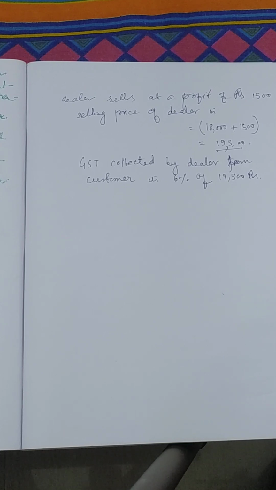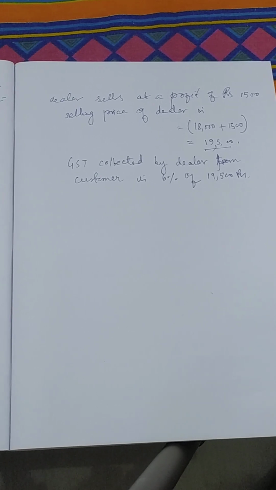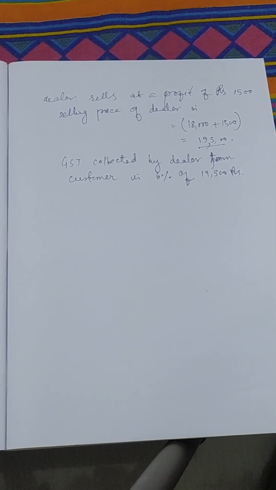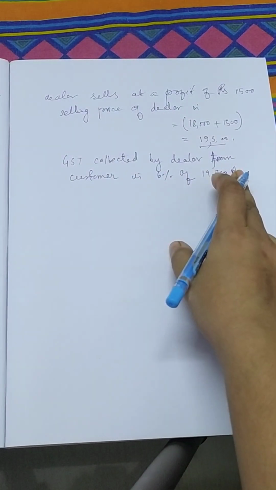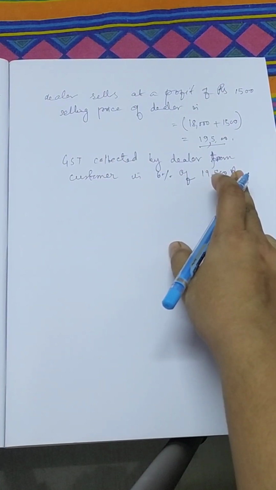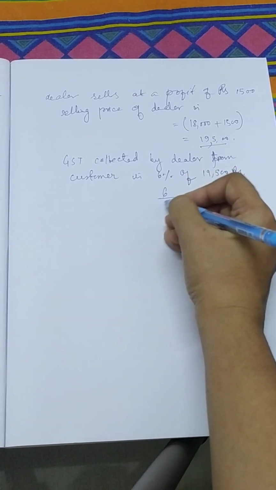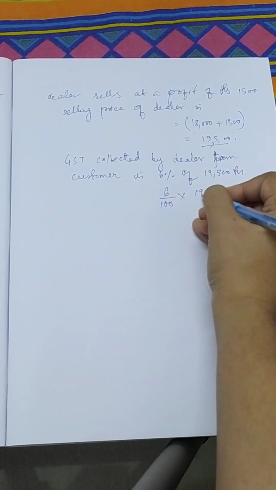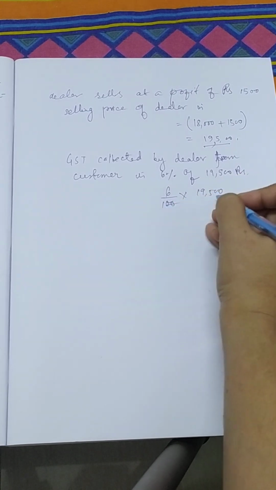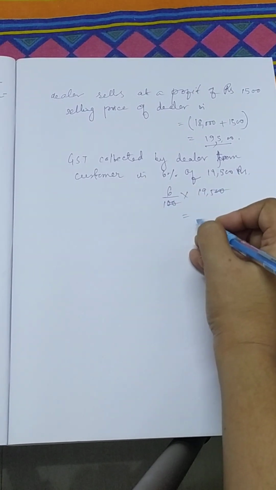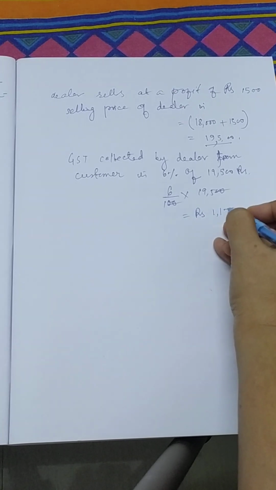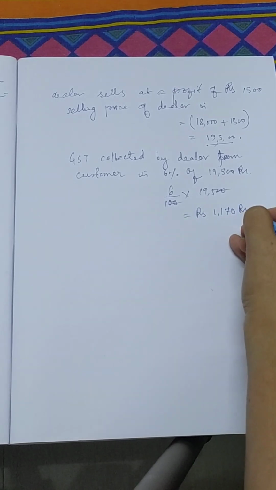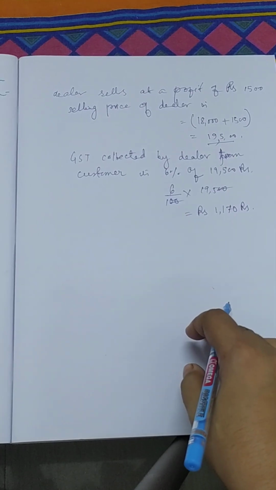So it is divided into two parts, 6% central government and 6% state government. Okay. So let us check the value of GST paid by the customer to the dealer. That is 6 by 100 into 19,500. If I just calculate it, it will be rupees 1,170. Okay.